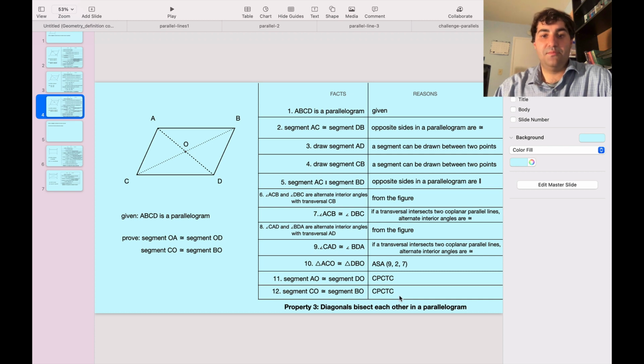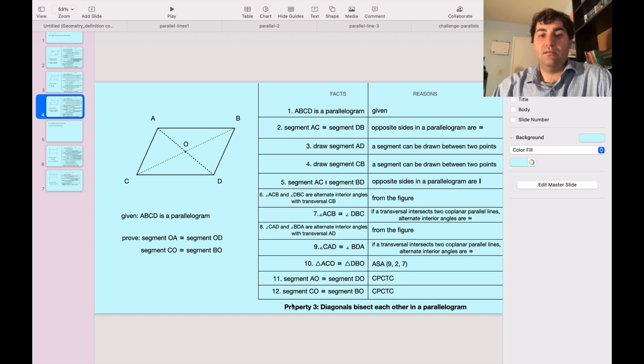And we know that corresponding parts of congruent triangles are congruent, so if we look at the ordering here, segment AO is congruent to segment DO, and if we look at the ordering here, CO is congruent to BO, so we get segment CO is congruent to segment BO. Again, using corresponding parts of congruent triangles are congruent.